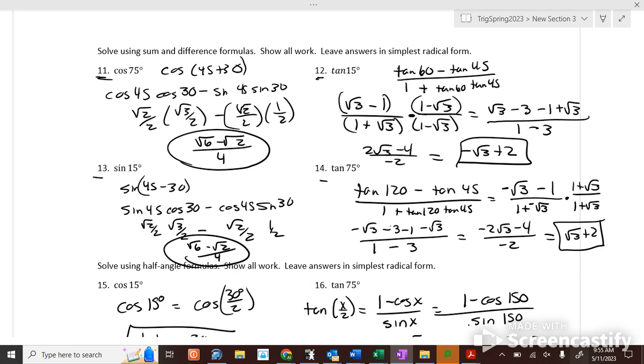So you get square root of 3 minus 1 times 1 minus square root of 3 over 1 minus 3, which is 2 square root of 3 minus 4 over negative 2, which is negative square root of 3 plus 2, or 2 minus square root of 3. So if you did it a different way and still wound up getting to 2 minus square root of 3, you're good, because there's more than one way to do some of these.